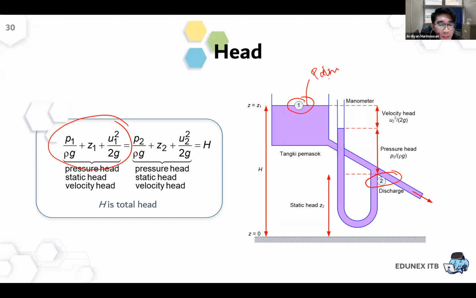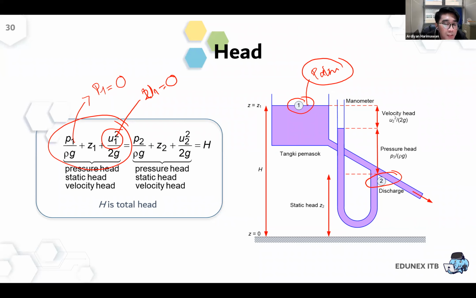If you want to express the pressure energy that comes from the pressure, the baseline value for pressure can be the atmospheric pressure. So with the baseline of atmospheric pressure, P1 will equal 0 relative to the atmospheric pressure. And since the tank is very, very big, there will be no movement in the tank. So the velocity equals 0.